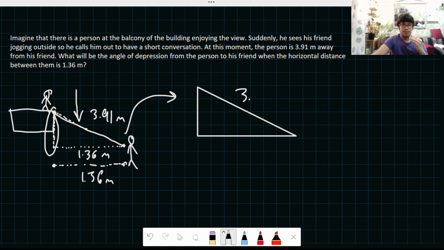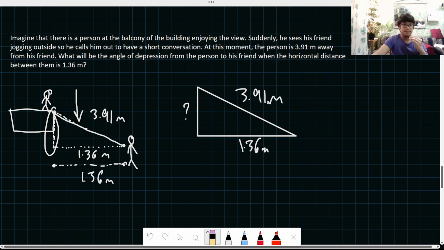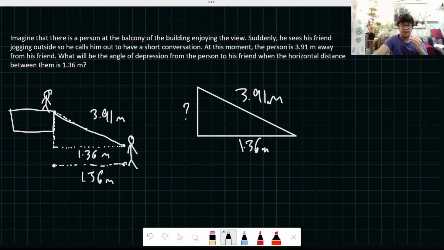So we have 3.91 meters, 1.36 meters, and its vertical side, which is the missing one. Since we have a vertical side and horizontal side, the corner between them is a right angle. Okay, so we're going to find the angle of depression.